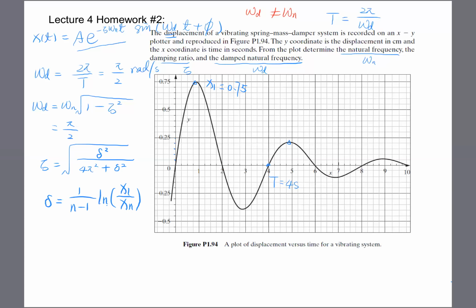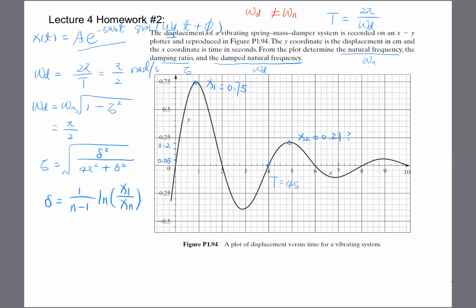So each increment is 0.05. And then we have 1, 2, 3, 4, that's 0.2. But then it's slightly higher than 0.2. We just estimate it as 0.21 perhaps.